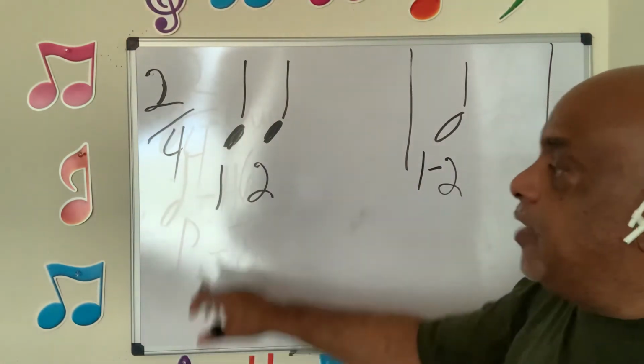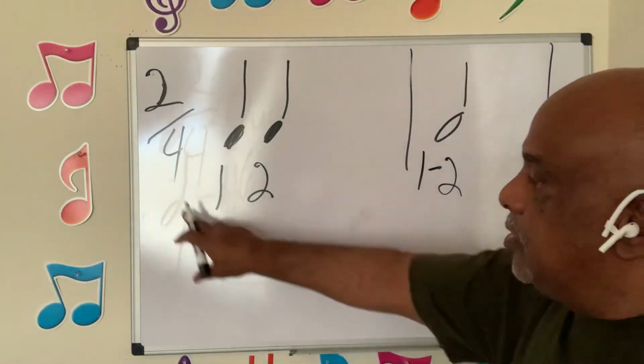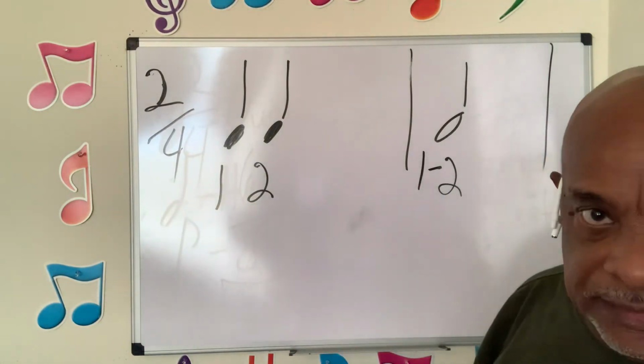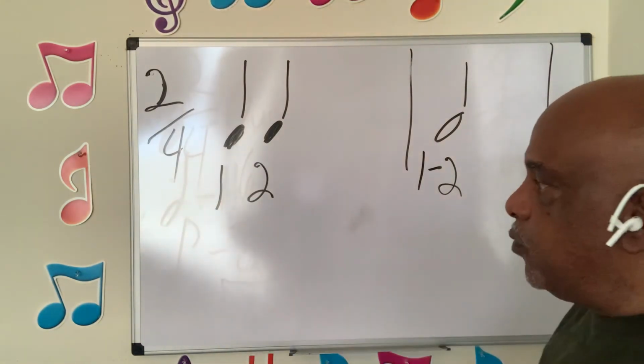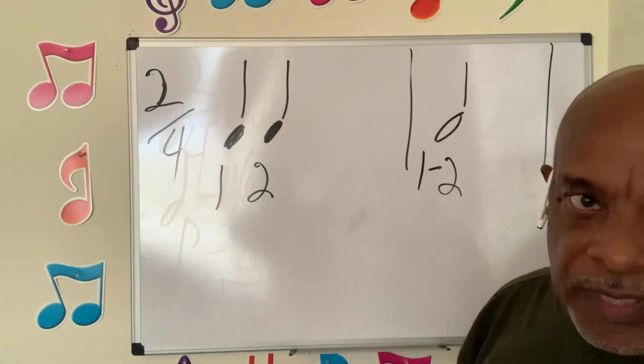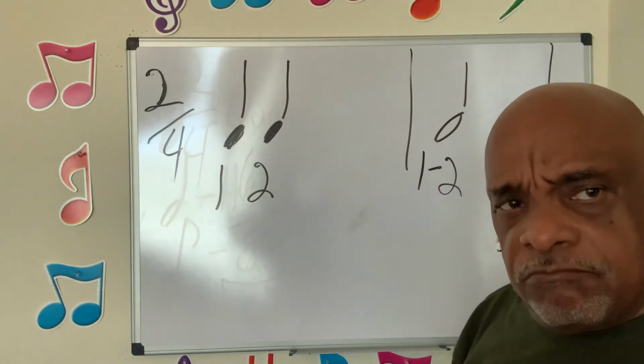Okay? So you got 2 beats in this measure, 2 beats in this measure. Your bottom 4, your quarter notes got 1 beat. Your half note still got 2 beats. Okay?